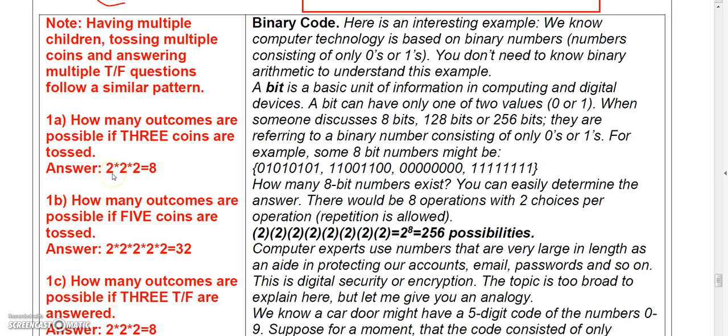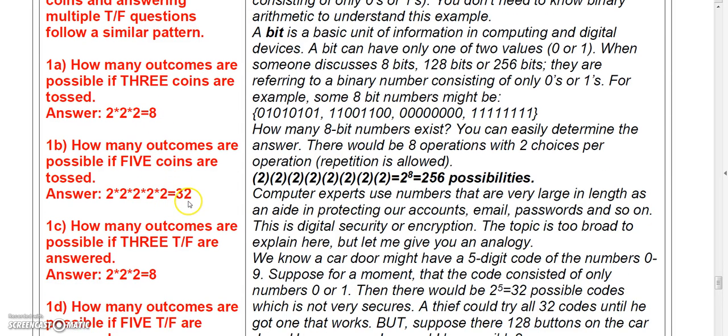So you would do the same thing. There's 2 possible outcomes on the first coin, heads or tails, 2 possible outcomes on the second coin, heads or tails, and 2 possible outcomes on the third coin, heads or tails. So that would be 2 times 2 times 2 is 8. And if you tossed 5 coins and wanted to know how many ways they could land, that would just be 2 to the 5th, like I did up there on that example with the children, which would be 32.